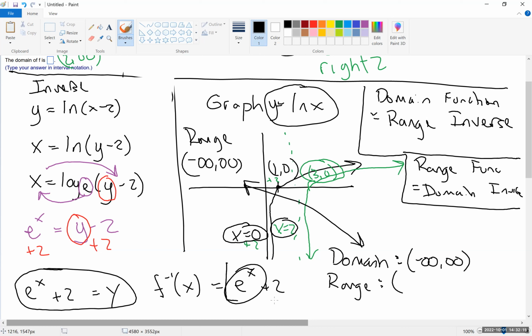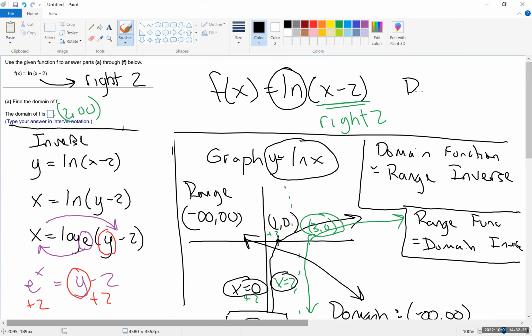Well, you could graph to find the range, but a better way is what we did. Take what we had in the first part of the problem, where it asked for the domain of the function. The domain of the function was, I'm sorry, it was positive 2 to infinity. We got that from part A.